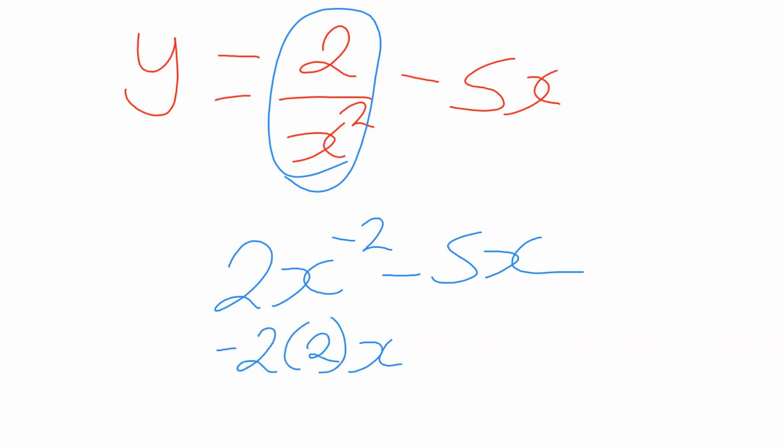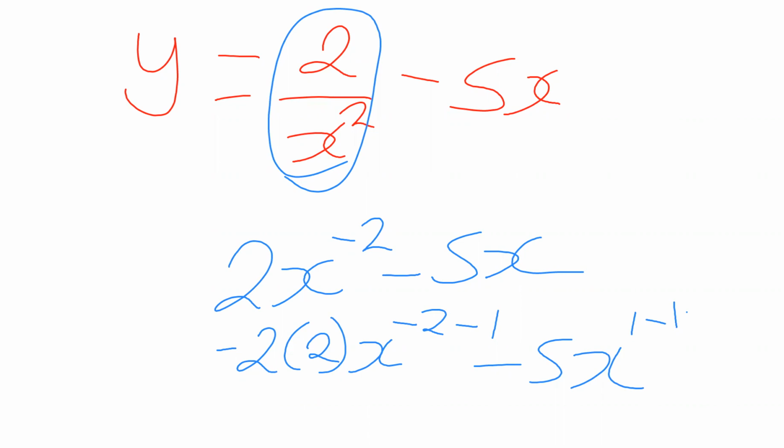Then we have x to the power negative 2 minus 1, and negative 5 multiplying with x to the power 1 minus 1. So this will just be basically 5x to the power 0.